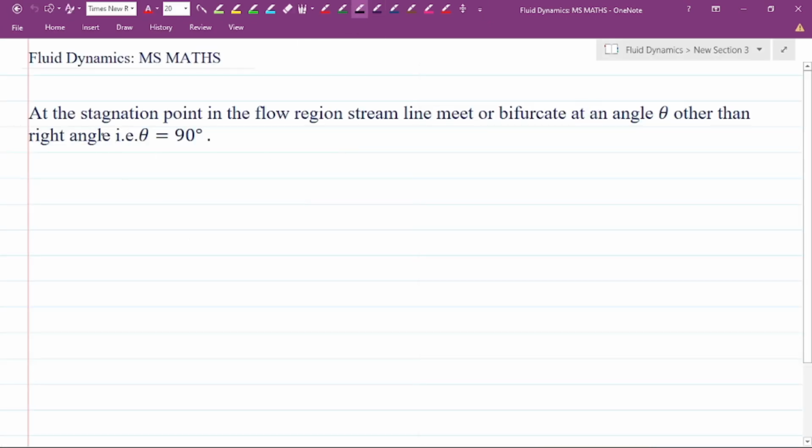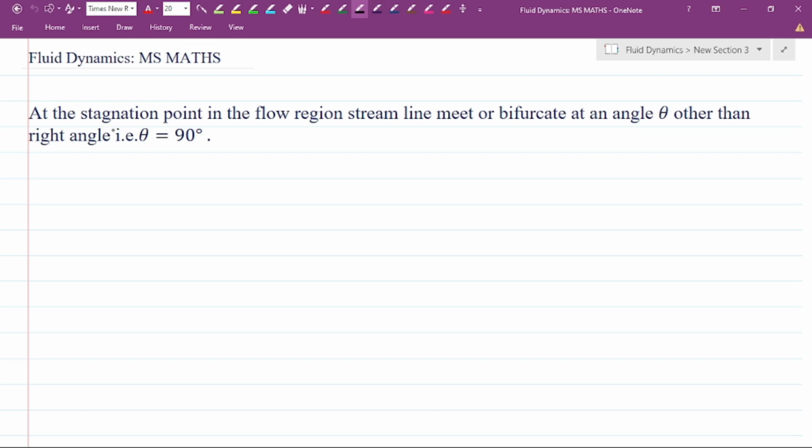At the stagnation point in the flow region, streamlines meet or bifurcate at angle θ, which is 90 degrees. So the streamline will bifurcate or meet.